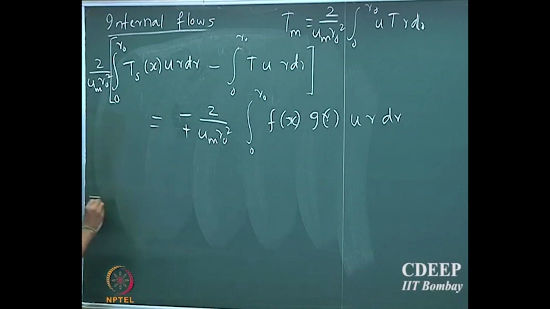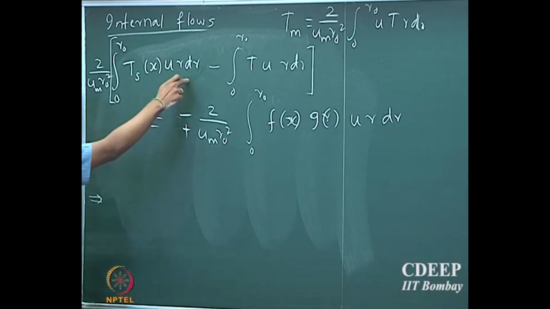So from here, Ts is not a function of the radial position, it's the wall temperature, right? So I can pull this out and the integral is nothing but um.